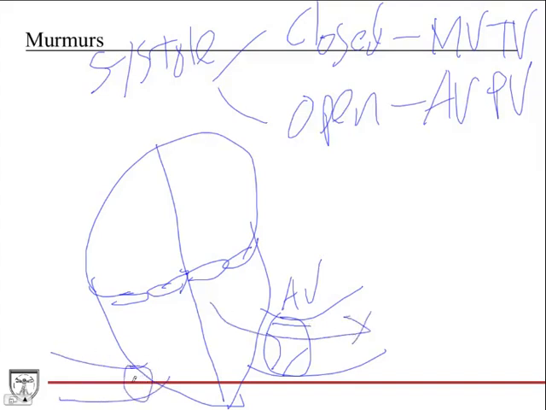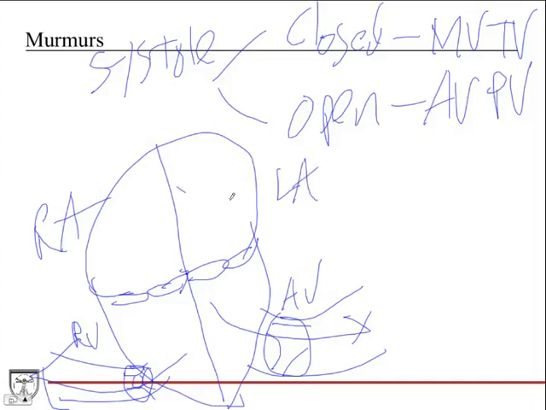Here's our pulmonic valve, same thing, letting flow come out. During this, the ventricles are contracting like we've been talking about, generating an enormous amount of pressure. The pressure gets greater than it is in the great vessels, the aortic valve and pulmonic valve open, and then the flow goes out.